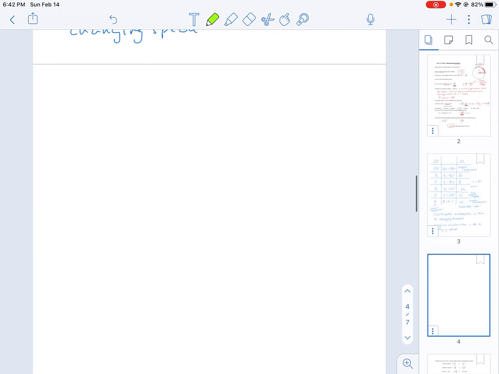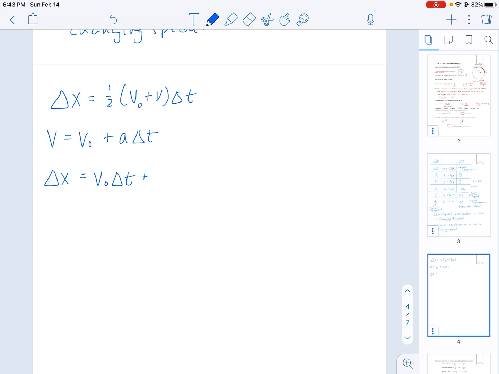Okay, so I'm going to write down our kinematic equations from before. It's a good review.